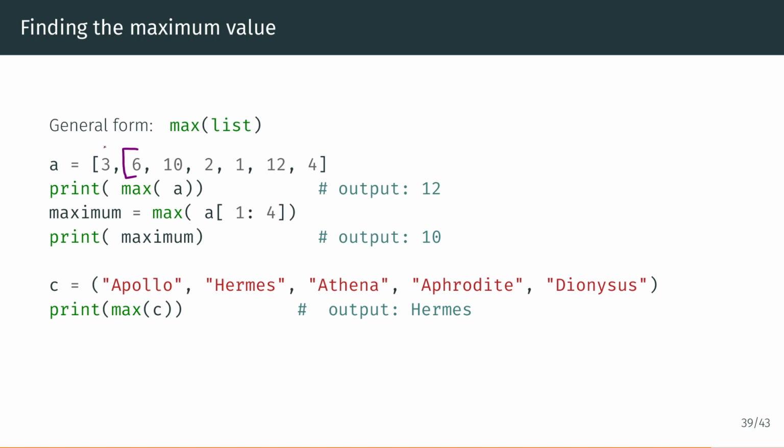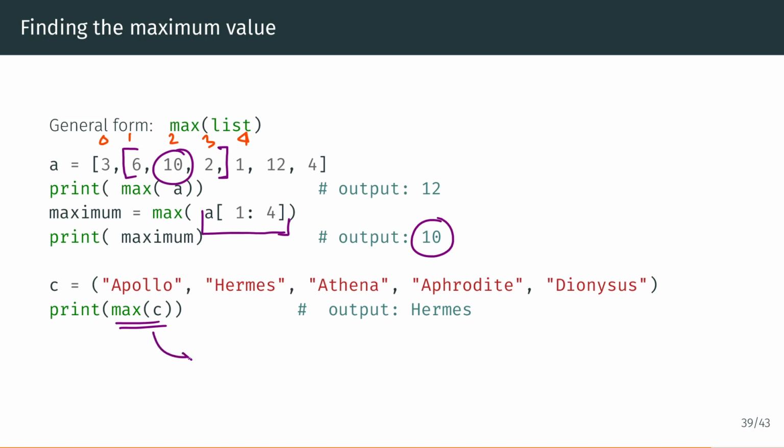So this is 0, 1, 2, 3, 4. So this A of 1 through 4 will take the sublist 6, 10, and 2. That's your sublist. So max of this sublist is obviously this number right here, 10, and that's what it will output, 10.